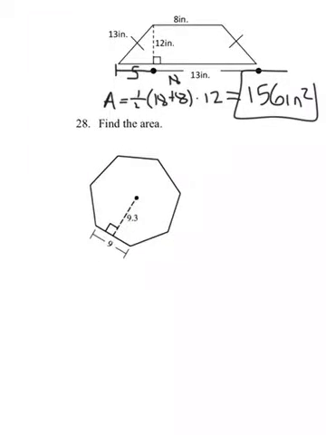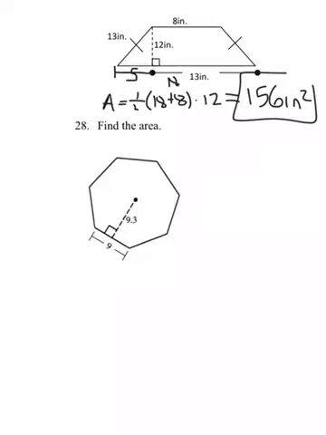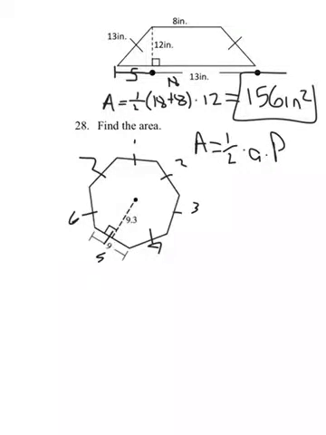Find the area. I know there should probably be a few more things to detail, but this is a regular, not a regular hexagon, I should say, regular heptagon, because there are 1, 2, 3, 4, 5, 6, 7 sides. Area for a regular polygon is 1/2 times A times P. 7 times 9 is 63.